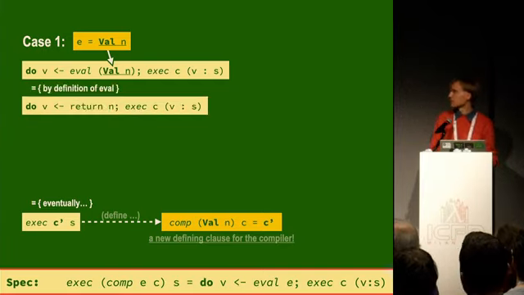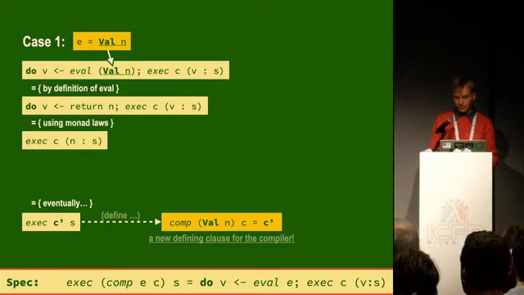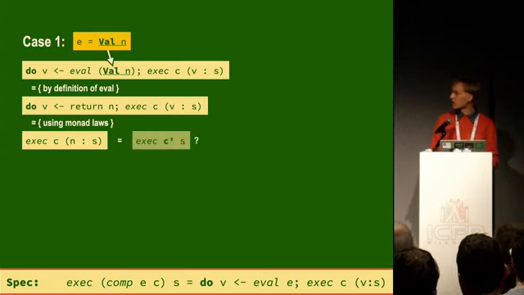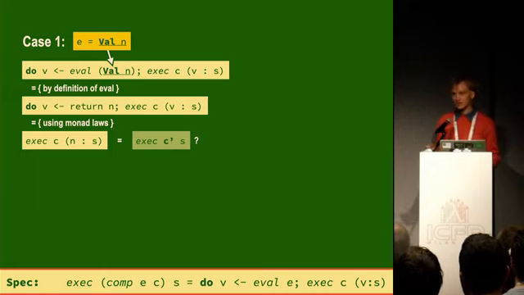First thing is I'm going to apply the definition of eval, which gives me this. I'm going to use some monad laws to shift things around and clean it up a little bit. But now we're stuck because we want these two things to be equal, but the stacks are different. We have encode on S on one side, and we have S on the other side. But remember that c prime here is a free variable. We can change this to be anything we want.